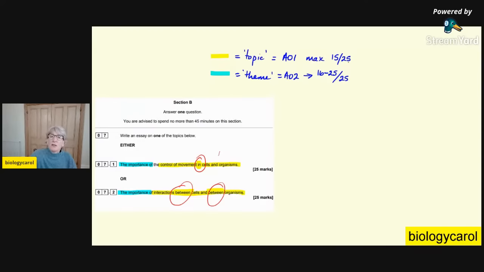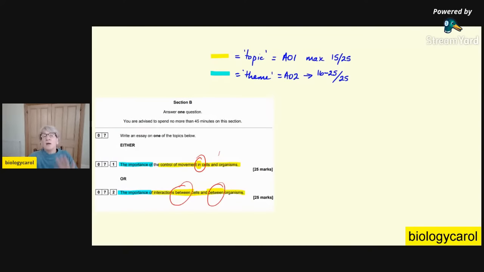That means, can you remember knowledge of 4 or 5 examples of control of movement in either cells or in organisms? That's your basic thought. Can I think of 4 or 5 examples of control of movement in cells or in organisms, and can I describe them? Can I regurgitate the knowledge?